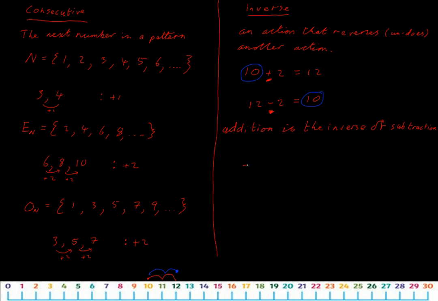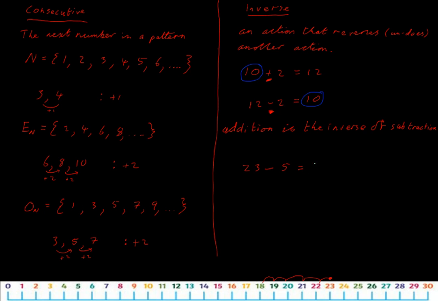If I was at 23 and I took away 5, where am I going to end up? If I'm at 23 and I take away 5, I'm going to get smaller by 5. 1, 2, 3, 4, 5.